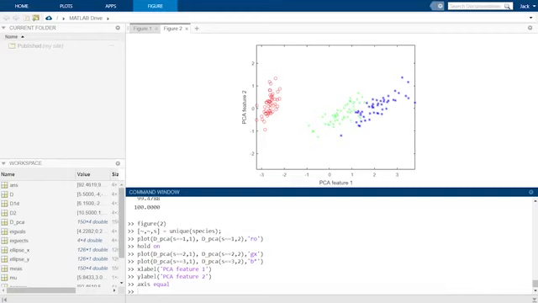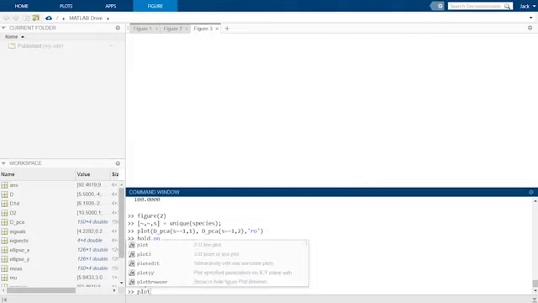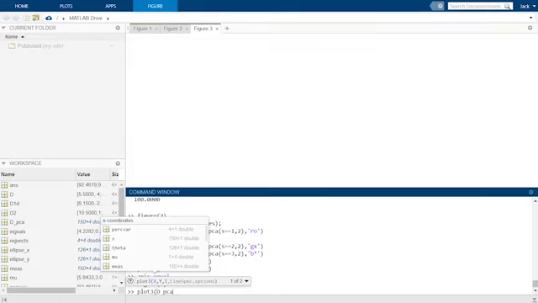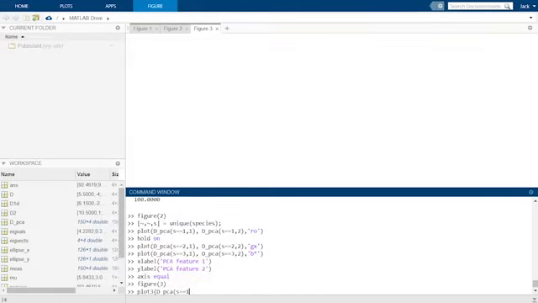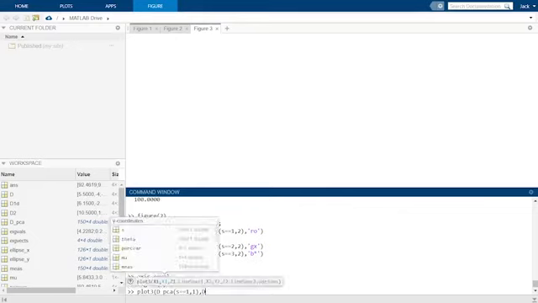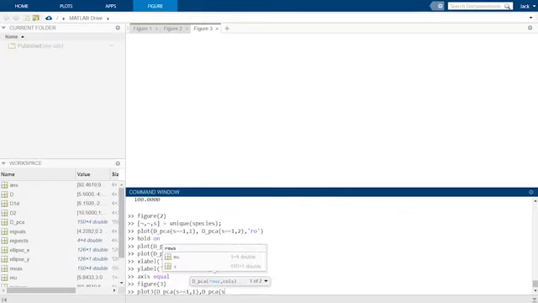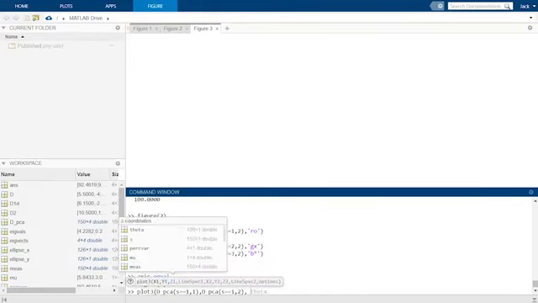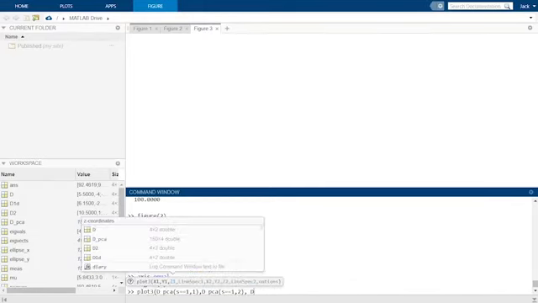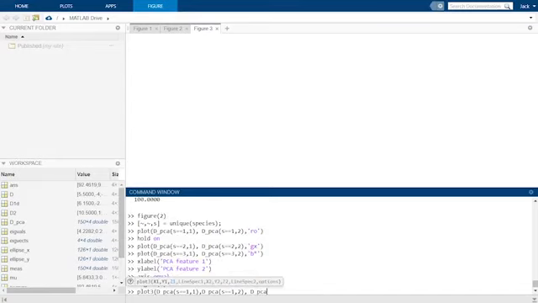We can also show the third dimension, as it's possible to visualize 3D data in MATLAB. We simply provide the third PCA dimension as a third argument to plot3.